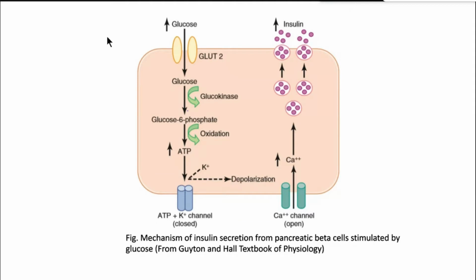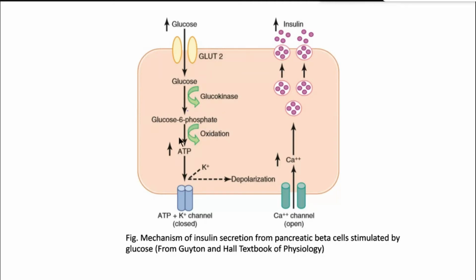So, islets of Langerhans have GLUT2 receptors, two-way transporters. It senses the increased glucose concentration in the plasma. So, this increased glucose concentration via the GLUT2 transporter enters the cell, and this glucose is phosphorylated by glucokinase, and that leads to the formation of glucose 6-phosphate.